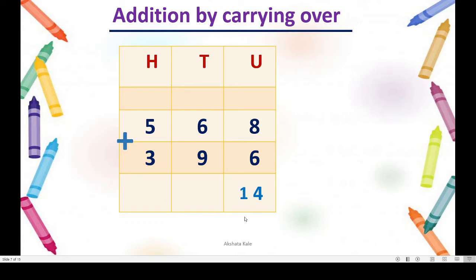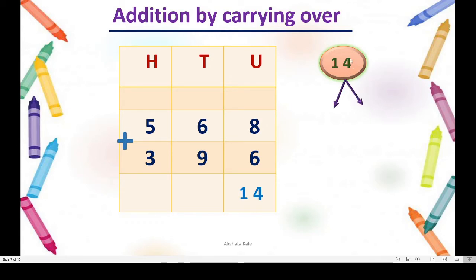Now dear students, see here, the column is single and we can't write two numbers in one column. So we have to write only one number in the unit place. We will study about 14. See here, I will write 14 here. This 14 has two digits, that is 1 and 4.